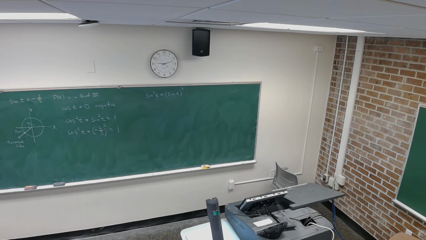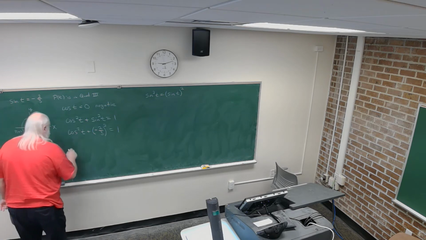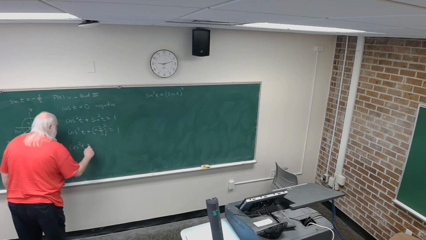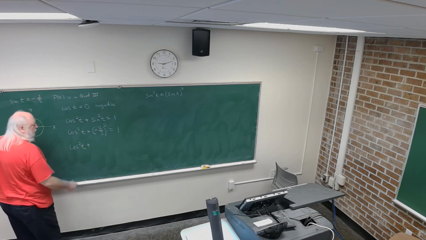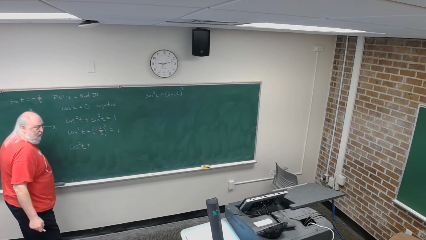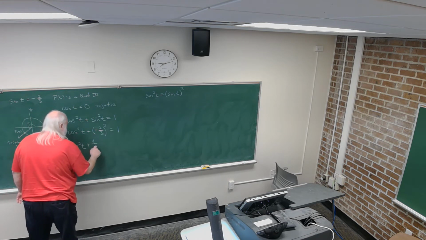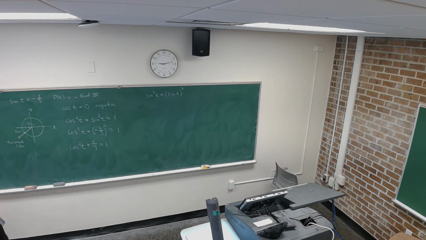Cosine t squared plus minus 2/3 squared is equal to 1. Well, minus 2/3 squared, the negative squared is positive, 2 squared is 4, 3 squared is 9. That's from the rules of exponents, okay, which we know now.